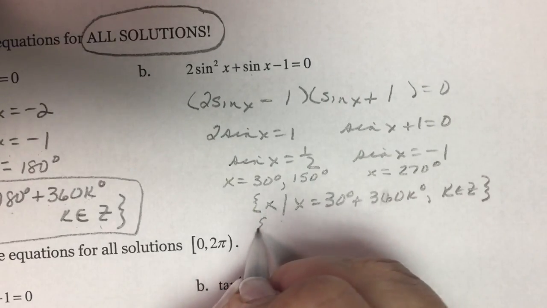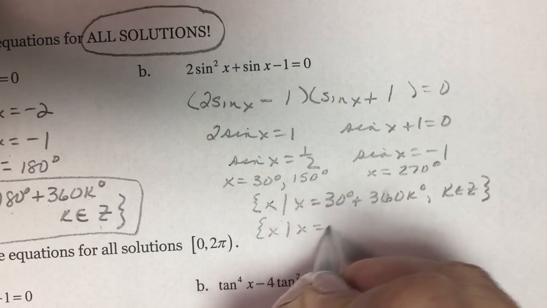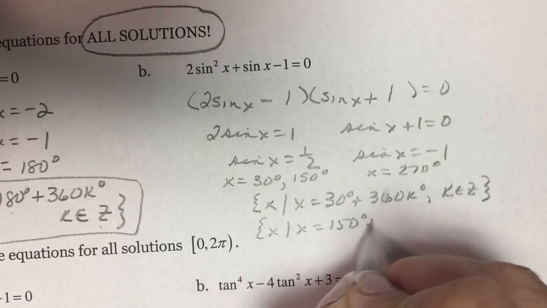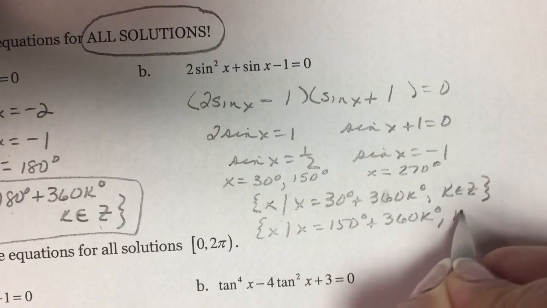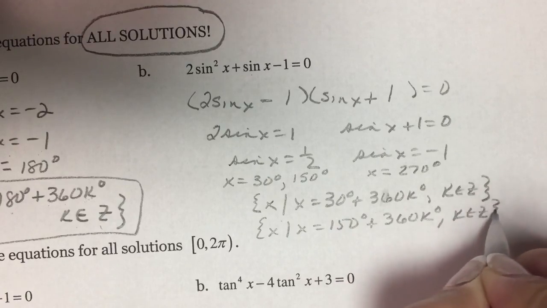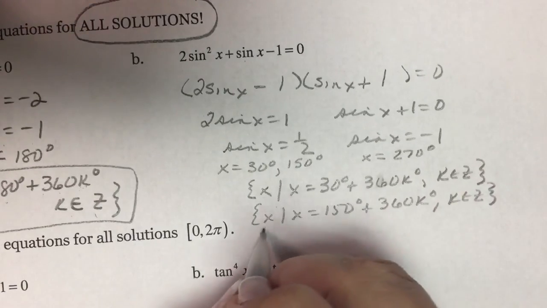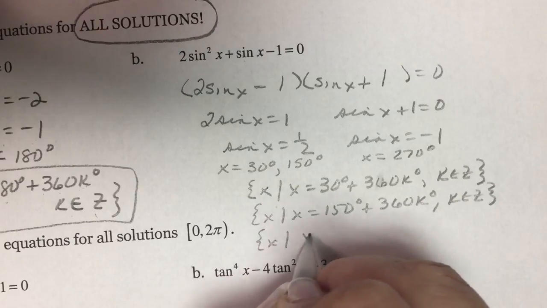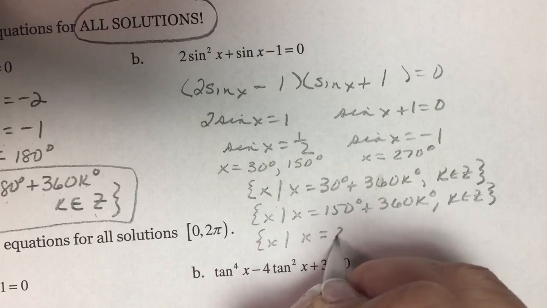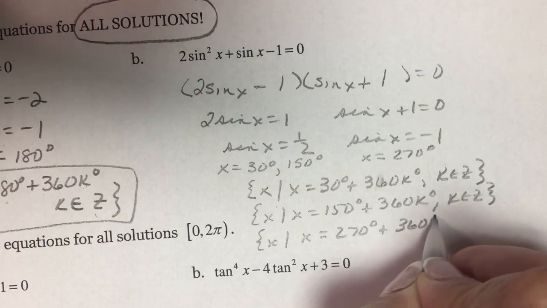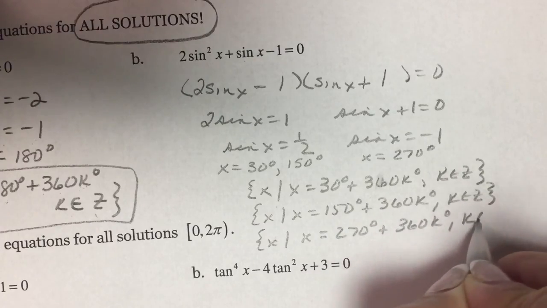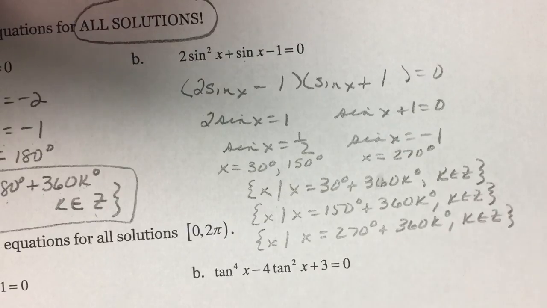Now we have to do the 150, all x such that x is equal to 150 degrees plus 360 k degrees, where k is an element of the integers. And finally, all x such that x is equal to 270 degrees plus 360 k degrees, where k is an element of the integers.